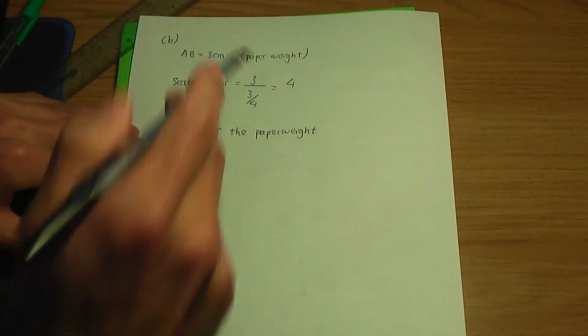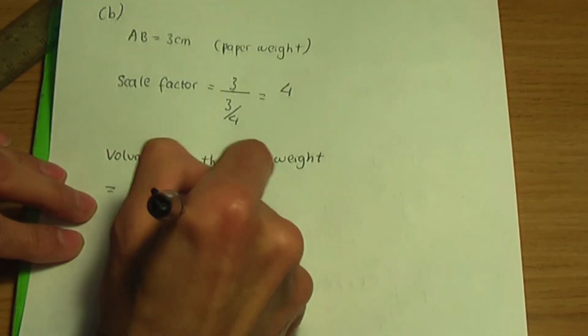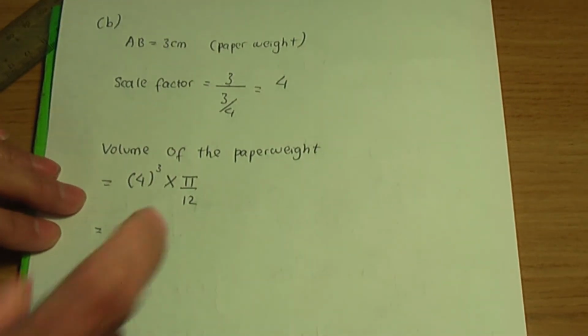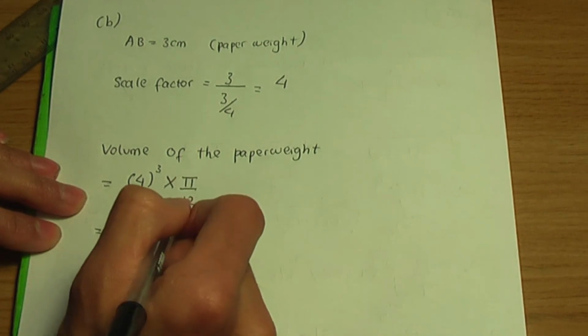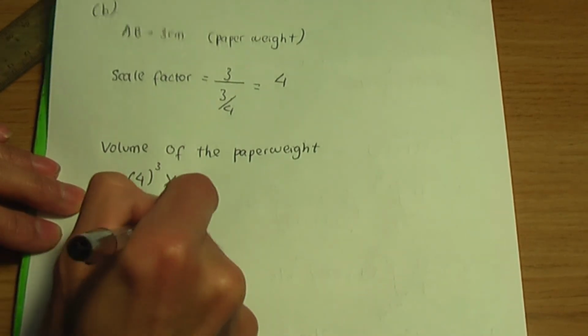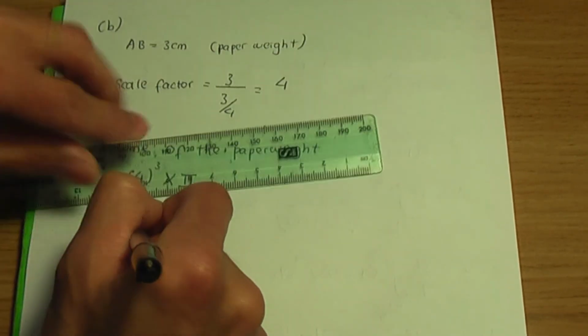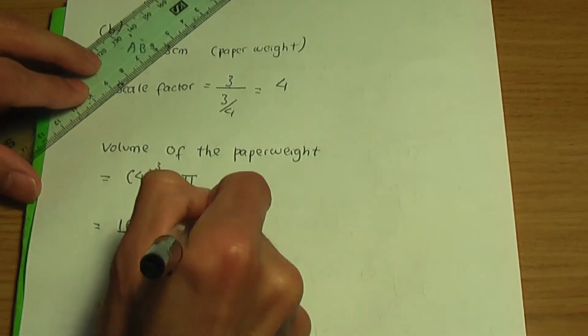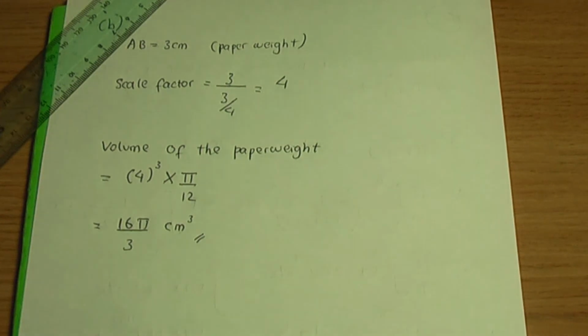So 4 cubed times pi over 12 should give us 16 pi over 3. The units are important: the units are centimetre cubed. So I hope that makes sense.